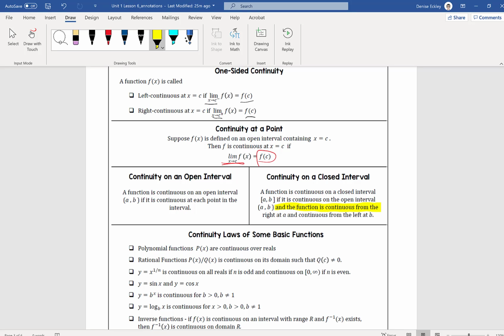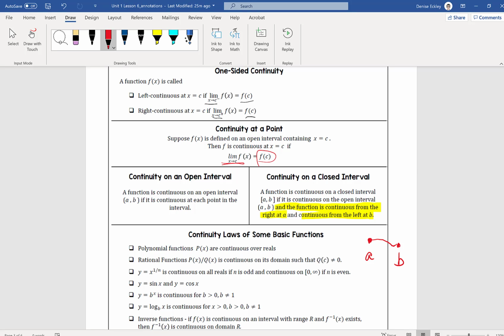The thing to be careful of with this one is this part: the function is continuous from the right at A and from the left at B. So it doesn't have to be both sides at the endpoint. It can be one side continuous. It has to be the correct one. So if you have an interval, here's A, and here's B, and let's say the part of the function past A does not exist.